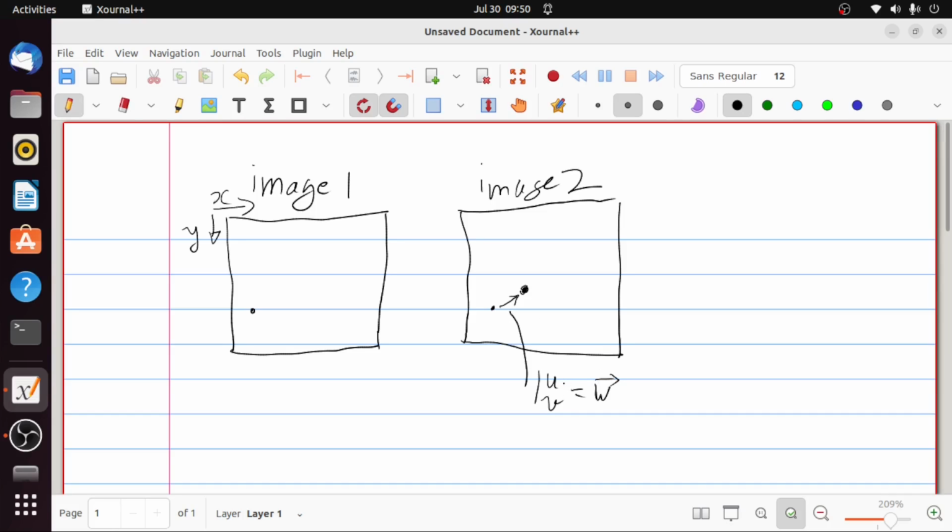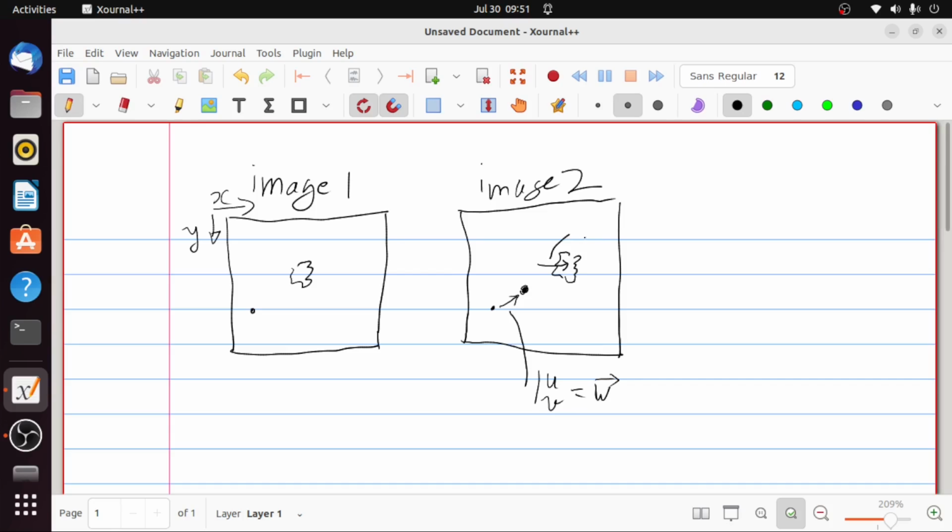You want to figure out the value of that displacement. How does this object on image 1 end up here? What's the displacement value? So when you do stereo, let's say something was here and now it's here.